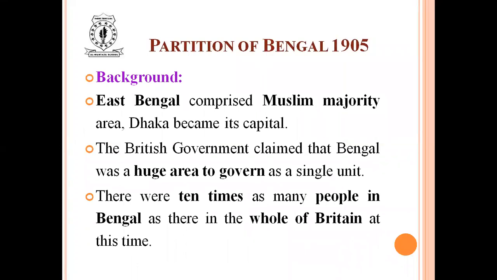East Bengal comprised a Muslim majority area, and Dhaka became its capital. The British government claimed that Bengal was a huge area to govern as a single unit, and there were 10 times as many people in Bengal as there were in the whole of Britain at this time. When we compare Bengal and Britain, the population was 10 times bigger.